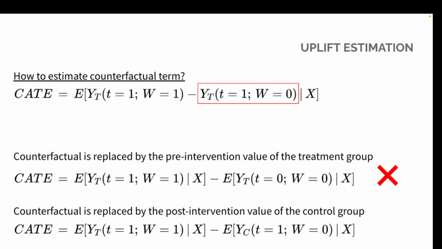But this is not so much bad as a crude approximation, because it assumes that the control group and treatment group are very similar. I'm assuming that these two different groups of people behave in the same way before the intervention, and they would behave exactly the same way after the intervention. That's the assumption behind that approximation.